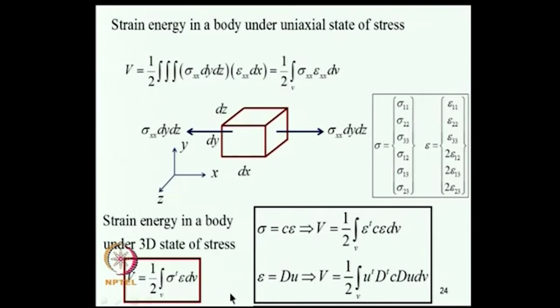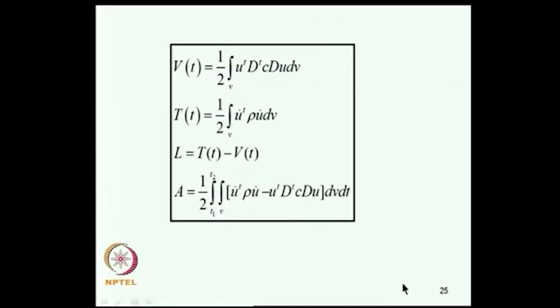Okay. So, now if we substitute the constitutive law and use the strain displacement relation, the strain energy can be expressed in terms of the displacement components, the operator D and the constitutive matrix of coefficients in the constitutive law. So, this is the expression for strain energy in a 3D solid under a multi-axial state of stress.